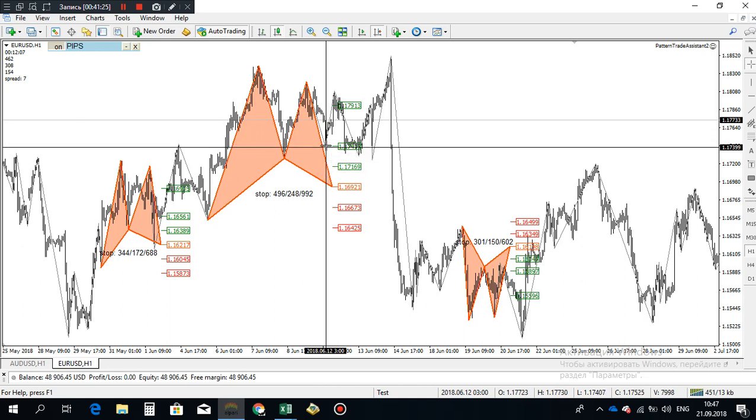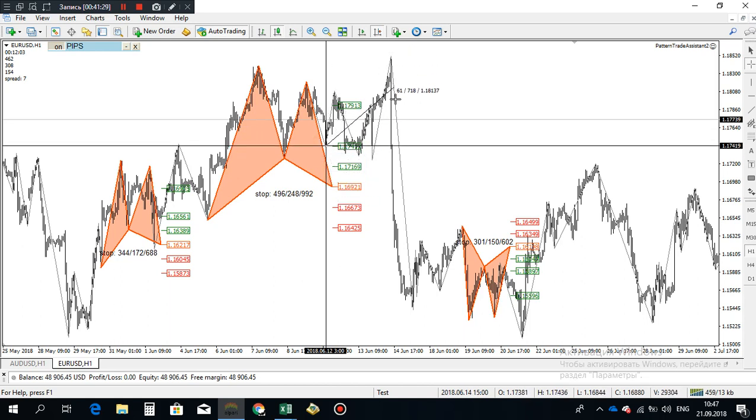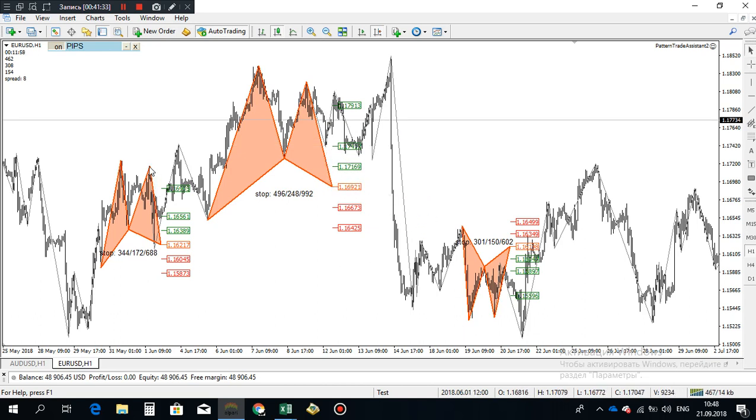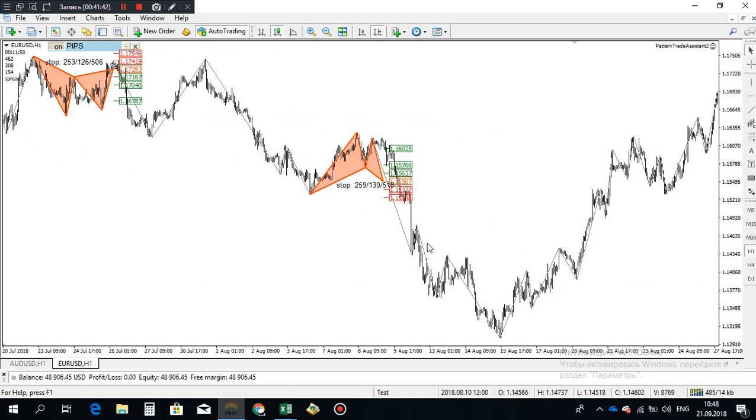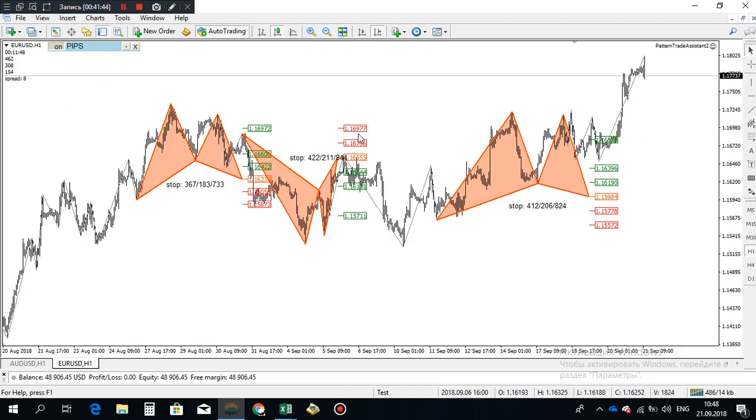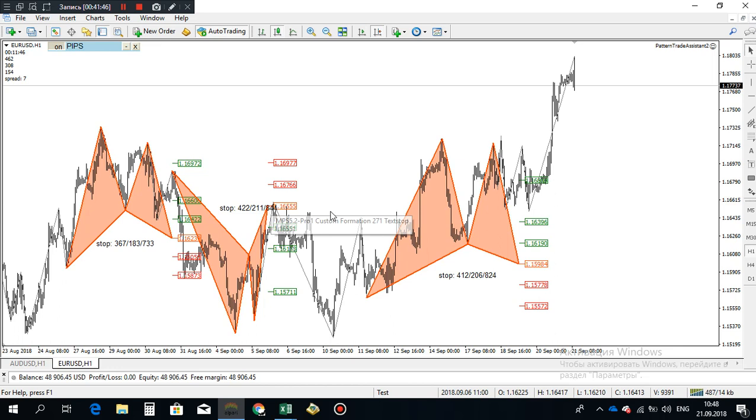The pattern was drawn at this point, and further price action simply didn't follow the pattern. It didn't hit the pattern. So you see, here it did, here it didn't. The software doesn't care. It does not fit it to history. It draws everything that is calculated. Sometimes price action obeys the pattern, sometimes it does not.